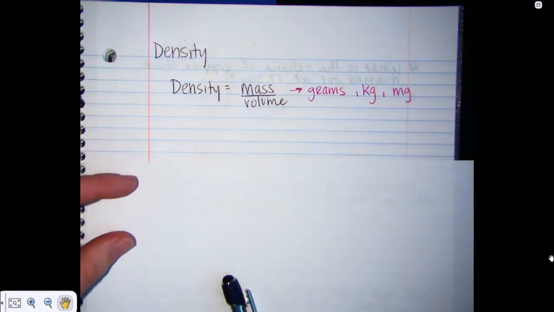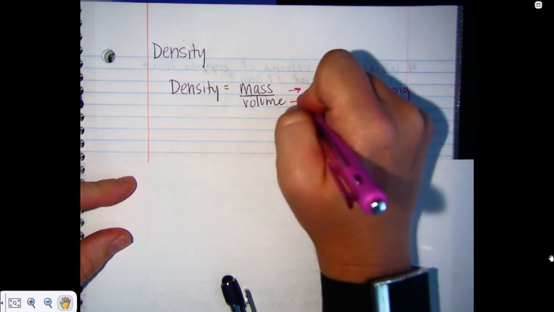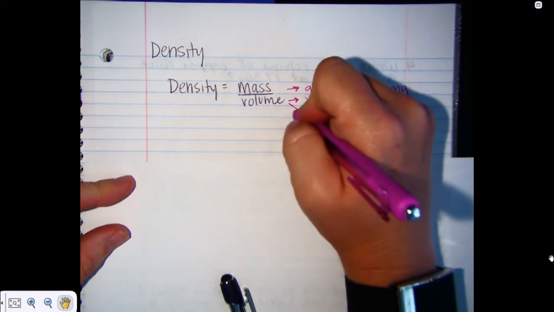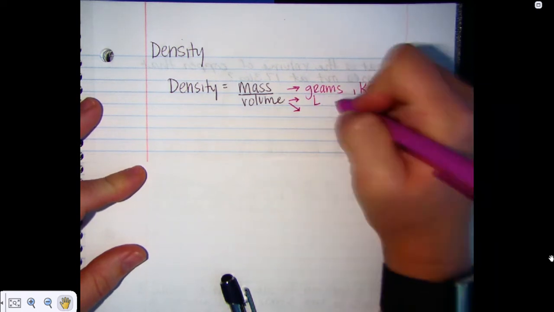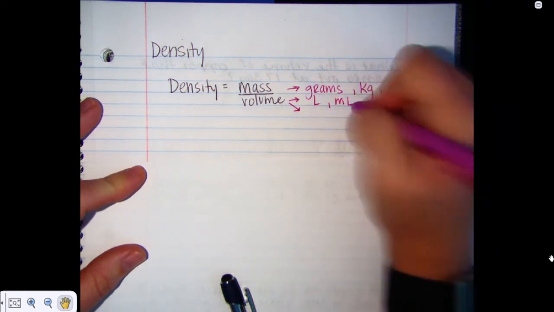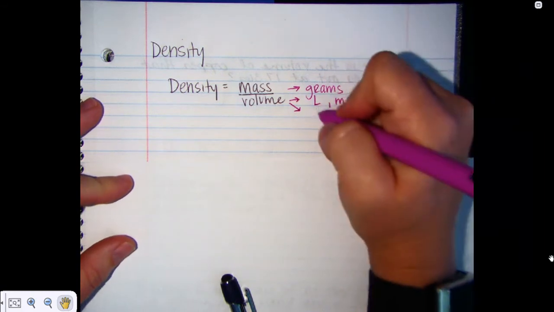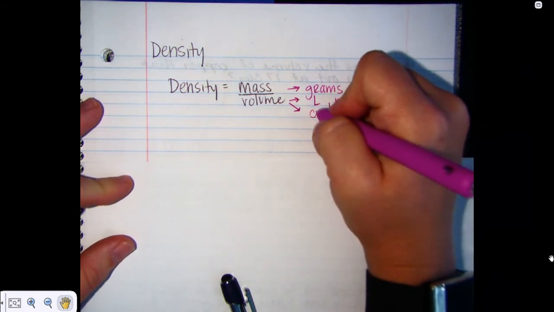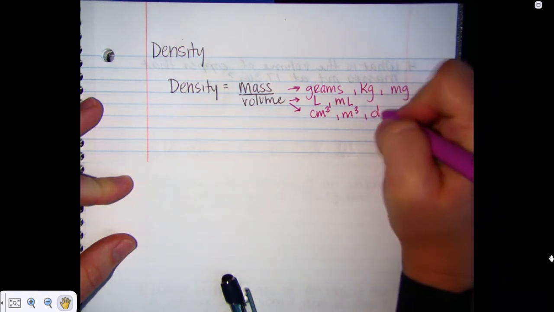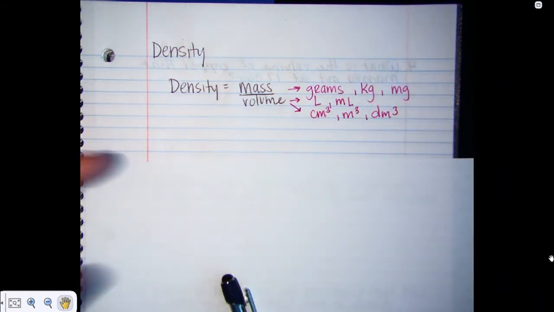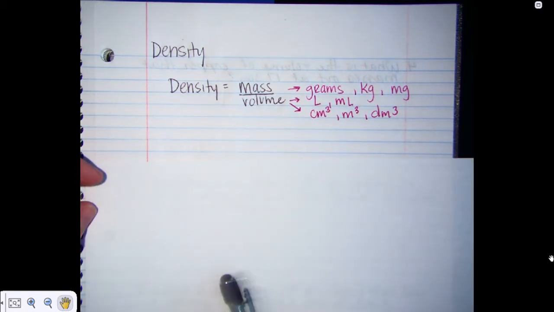And then for volume, it depends whether you're dealing with a solid or a liquid. For liquids, we're going to see liters or milliliters. If we're dealing with solids, we're going to see centimeters cubed, meters cubed, and sometimes decimeters cubed. Those are all pretty common units of volume for a solid object.